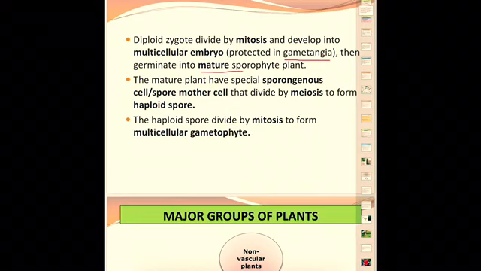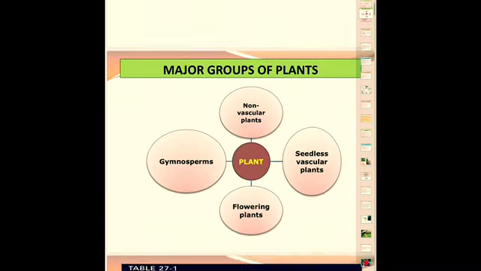Then it germinates into a mature sporophyte plant. The mature plant has special sporogenous cells, or spore mother cells, that divide by meiosis to form haploid spores, specifically 4 haploid spores. The haploid spore divides by mitosis to form a multicellular gametophyte, and the cycle repeats.